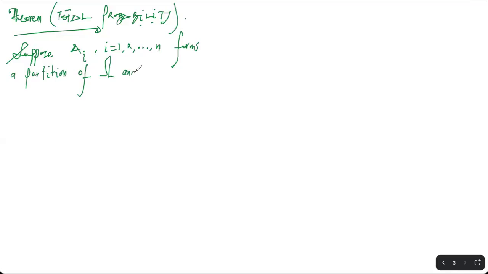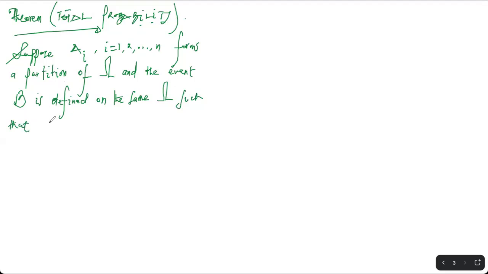And the event B is defined on the same sample space, such that the probability of B is positive.